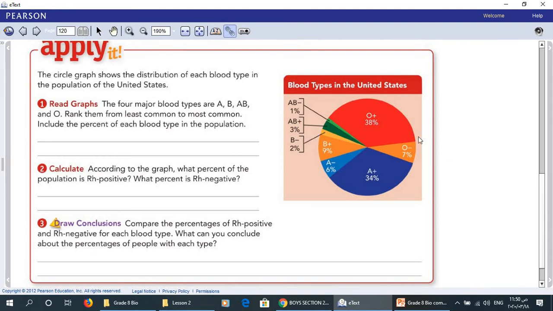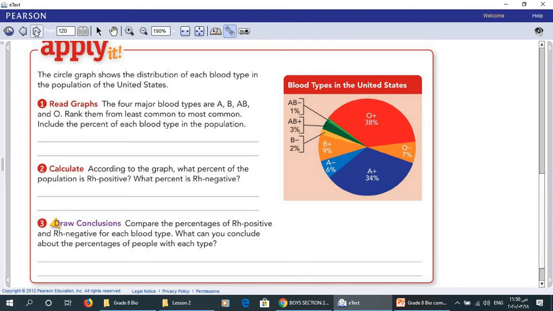First, according to this graph, more people in the United States have a positive blood type, 84%, than a negative one, 16%. That means most of the people in the United States have Rh positive blood.